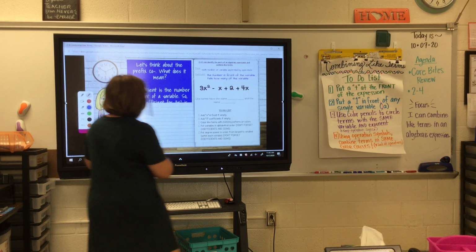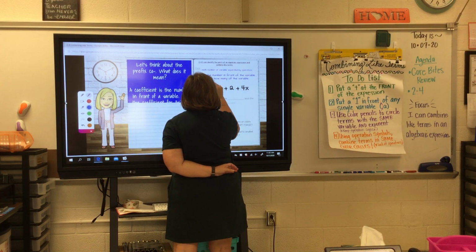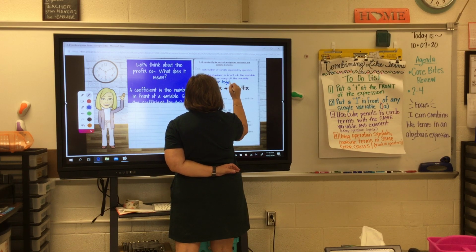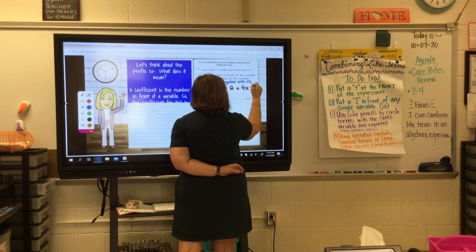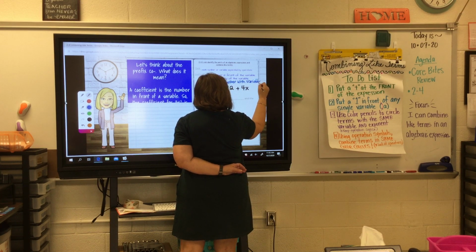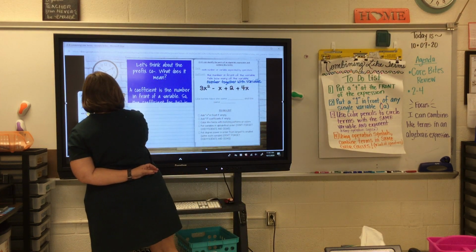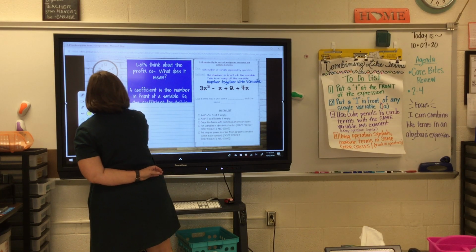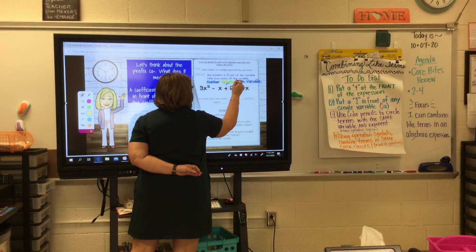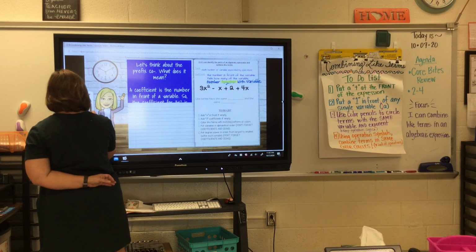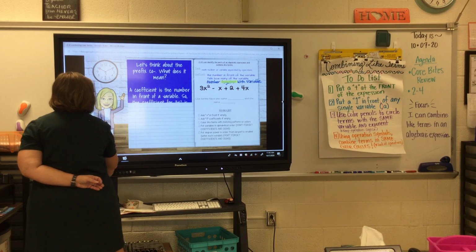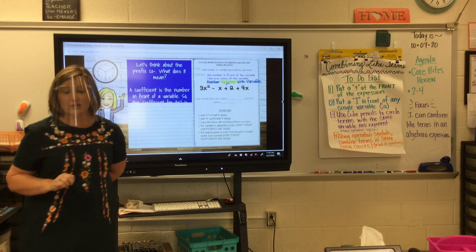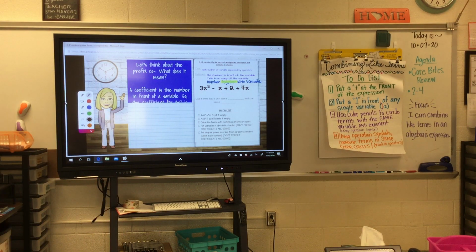The number is together with the variable. It is together, just like the co-prefix means together.